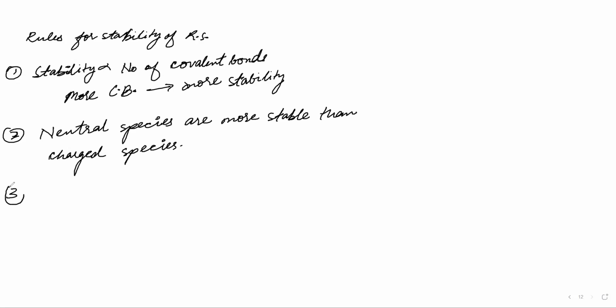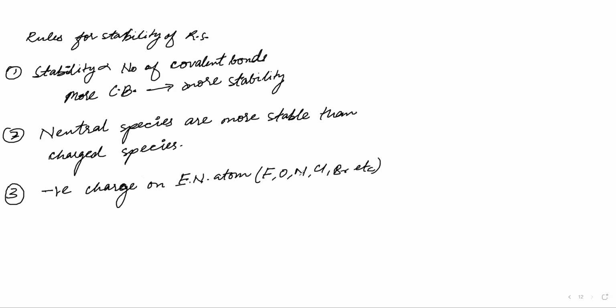Now, what is the third one? If you have any negative charge on an electronegative atom, generally fluorine, oxygen, nitrogen, chlorine, bromine, etc., it is stable, and a positive charge on an electropositive atom.